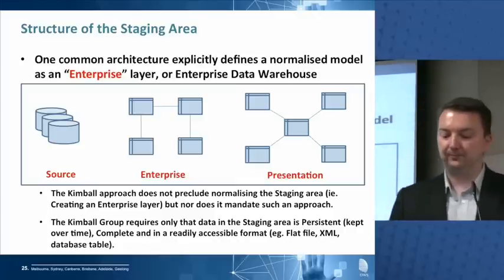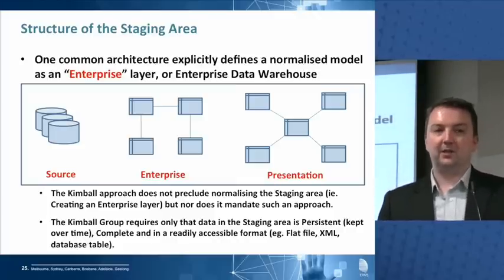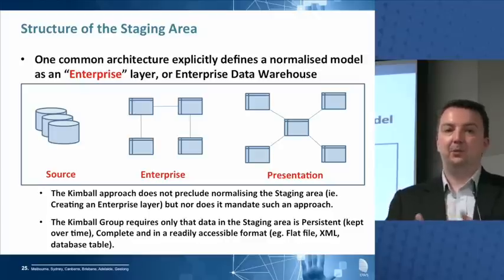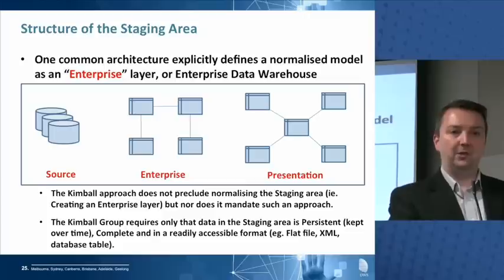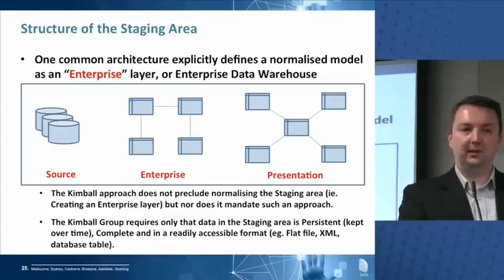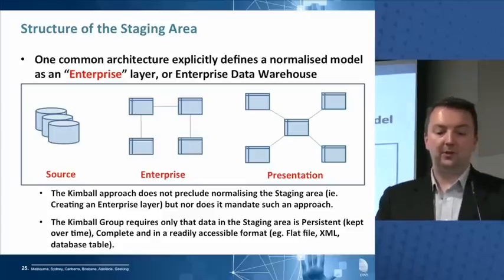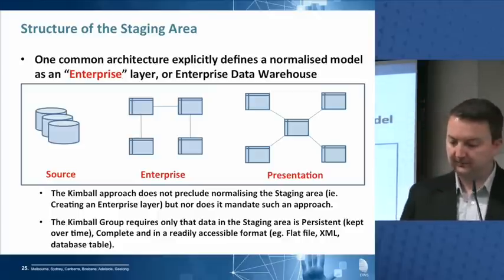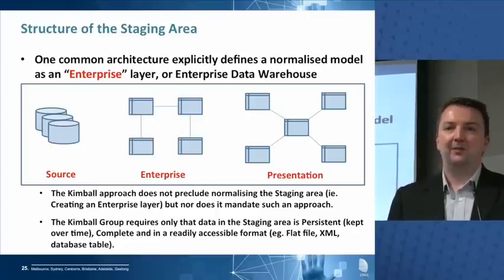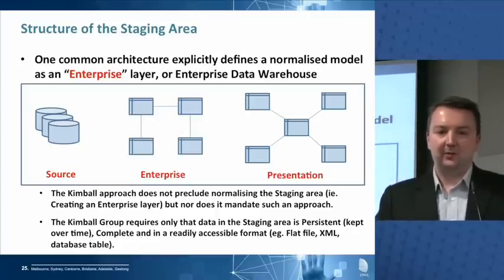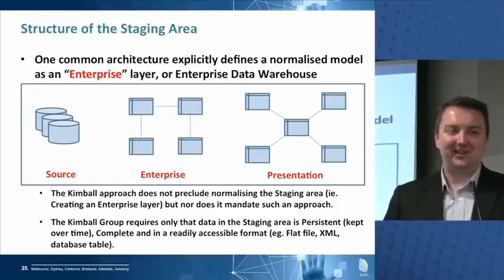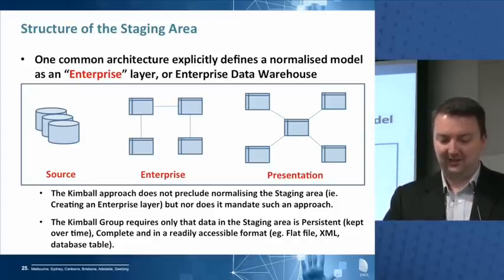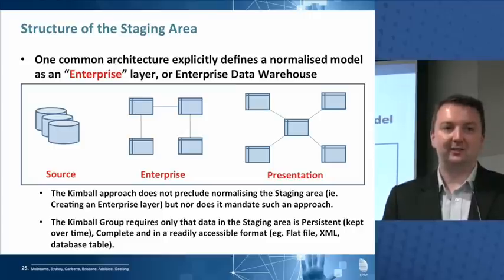And for that reason, some architectures will dictate multiple points of persistence. Okay, we keep a persistent store of the source data in flat files, and we persist a normalised enterprise layer, if you like. That's valid as well. So as a data warehouse architect, you can apply a lot more layers of rules, but Kimball is just laying out a foundation.